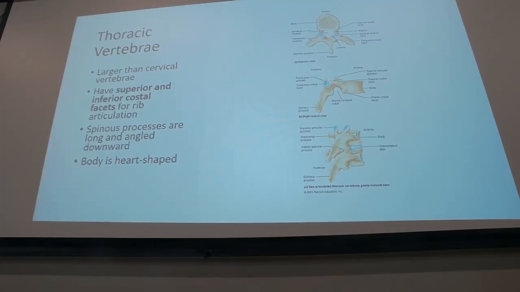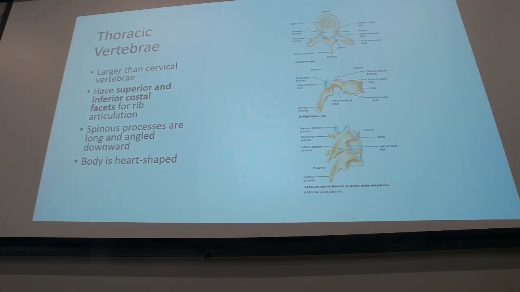And this is the superior articular process, this is the inferior articular process. Between the spinous process and the body, in most vertebrae, we have this little notch called the inferior vertebral notch. And when two adjacent vertebrae articulate together, this notch creates a little foramen through which the spinal nerve exits.